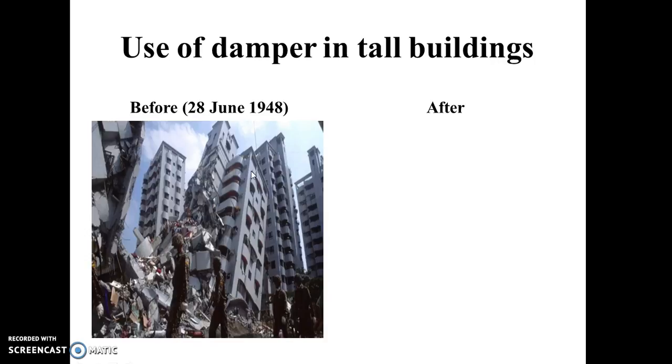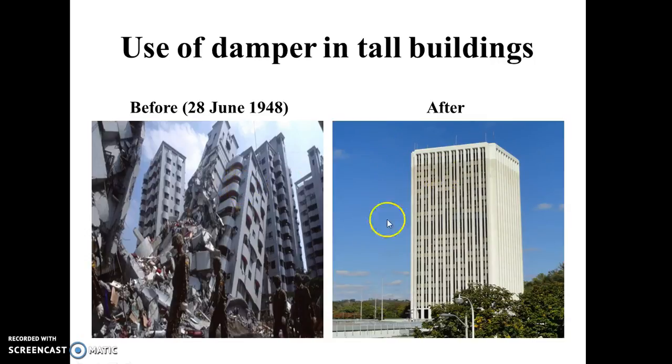By using damping technology, we avoid such collapses. If an earthquake happens, the building does not fall. Let's see this building. It does not collapse when wind forces are acting on it or an earthquake happens, and still the building is not collapsing.